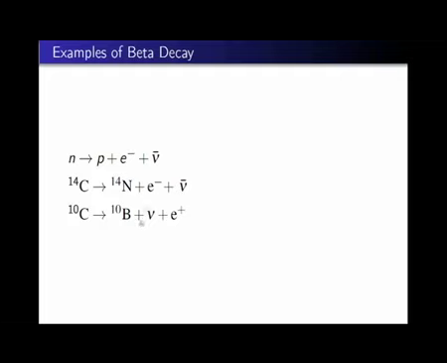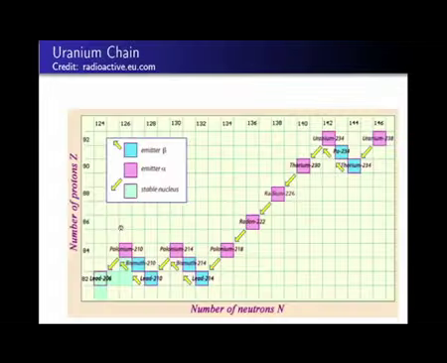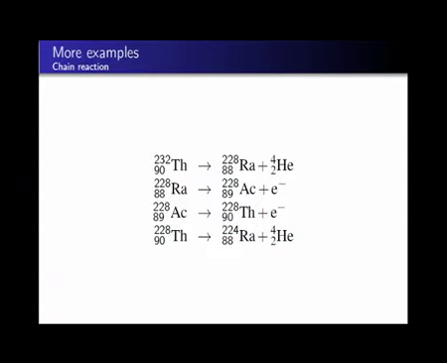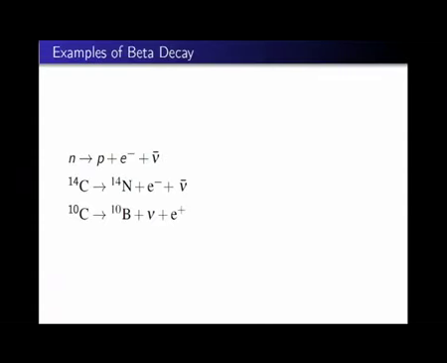But the most interesting case is 10 carbon. 10 carbon is again another isotope. What have you done? You still have 6 protons, but you have only 4 neutrons. If you look at this, it is producing 10 boron, which is very good, and it is producing a neutrino and a positron. That means what are we saying?